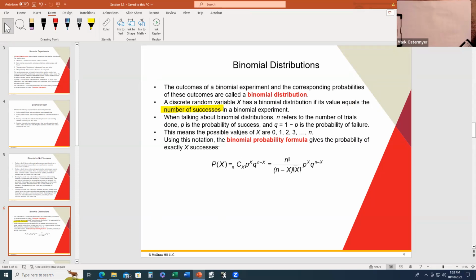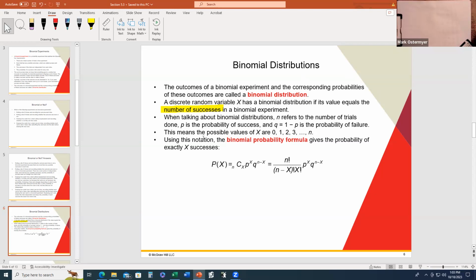When talking about binomial distributions, n refers to the number of trials. Lowercase p is the probability of a success on any given trial. q is called the complementary probability. It's 1 minus p. So q must be equal to the probability of not a success, but the probability of a failure.